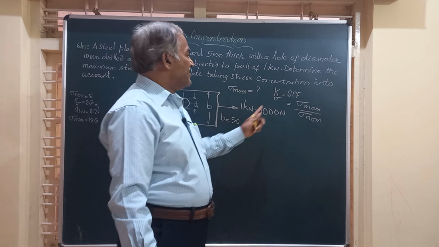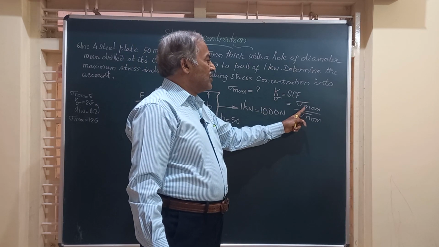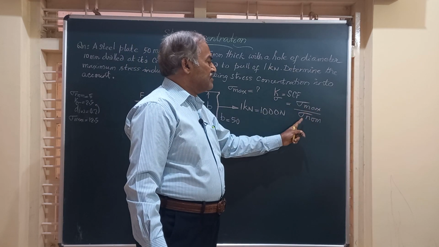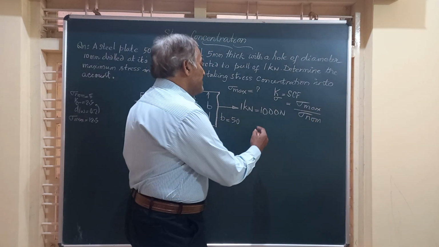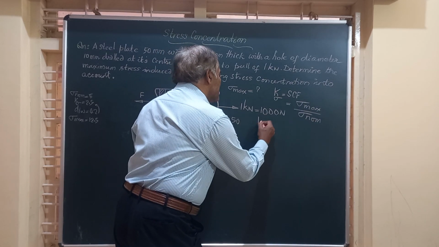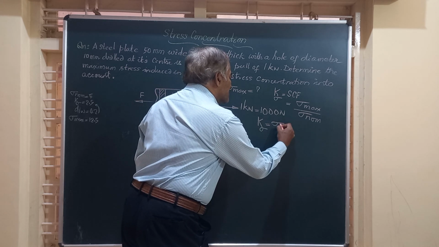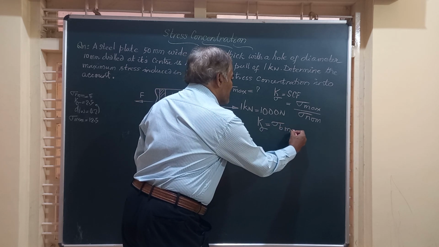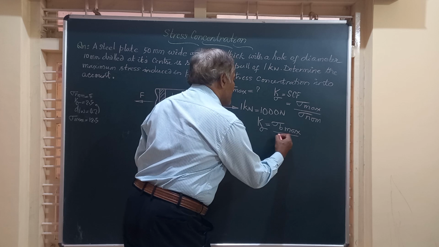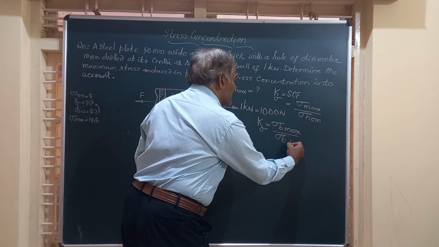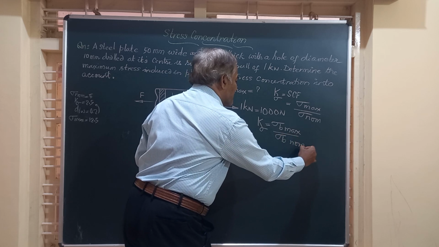Now friends, for axial load, this is the formula sigma tensile max by sigma nominal, and if it is the case of a bending, we use the same notation and say it is sigma B max, bending stress maximum value, divided by sigma B nominal.